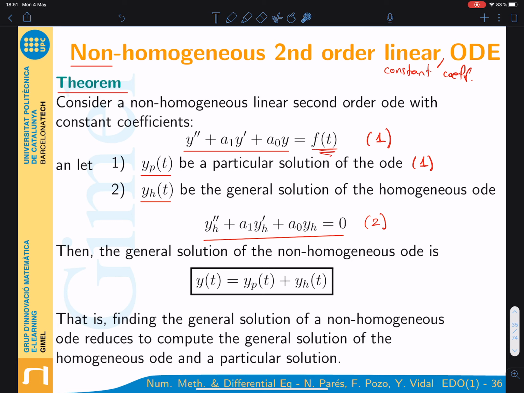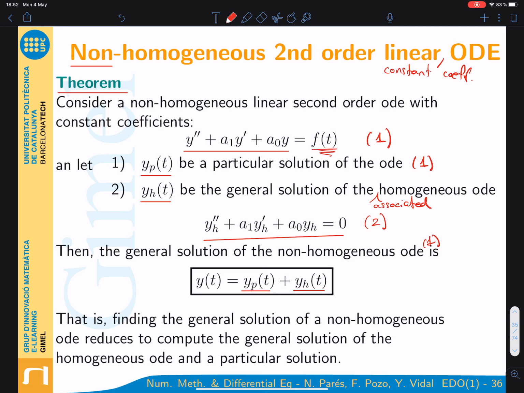That's why it's called the associated homogeneous ODE. Now, the general solution of the non-homogeneous ODE we want to solve, the one numbered as 1, is given by the sum of one particular solution of the ODE and the general solution of the homogeneous equation.